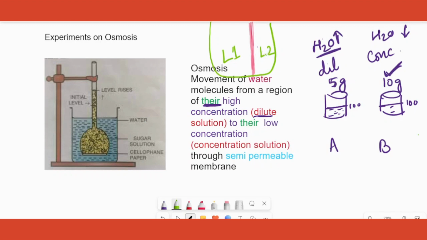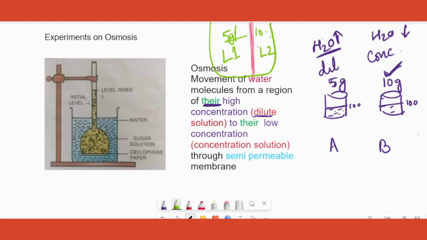Water starts moving from where water is more to where water is less. Now, this is my solution number 1, let's say 5 gram per whatever amount of water, and this one 10 gram. These are my two liquids.